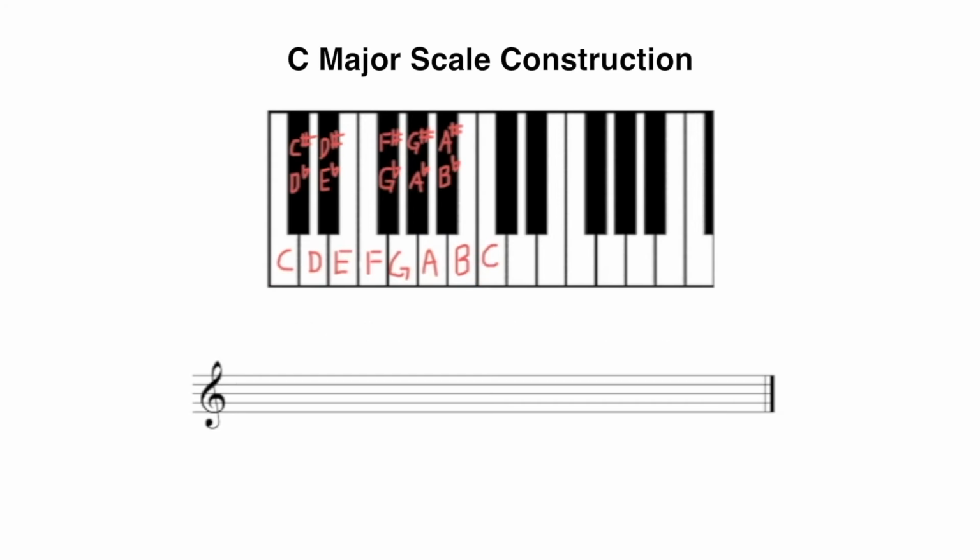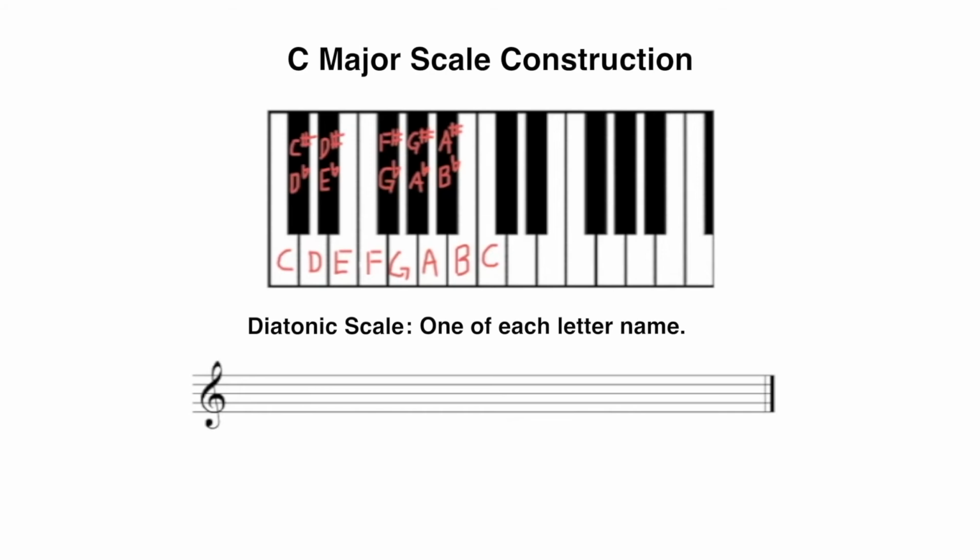To notate any major scale, we're going to use a two-step process. The first step is to notate what we call a diatonic scale. So we start on the letter name of the scale. In this case, we're writing out the C major scale, so we're going to start on C. A diatonic scale is simply one of each letter name of the musical alphabet starting on that starting note.